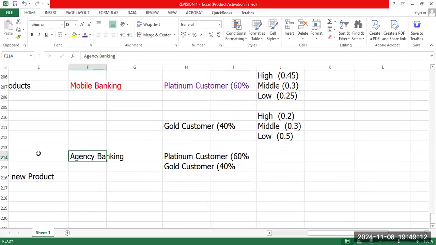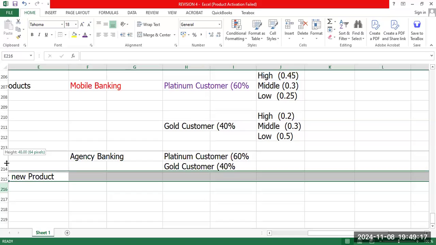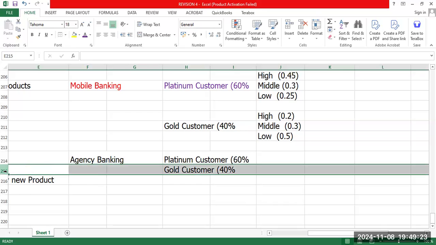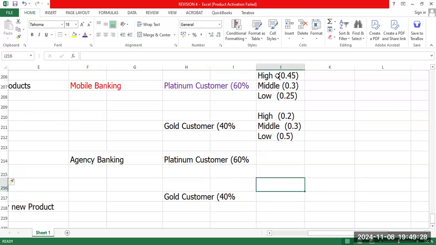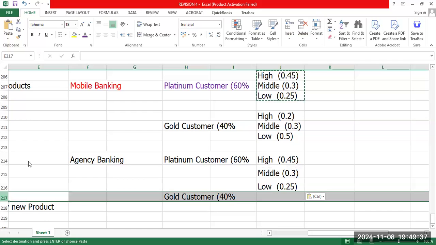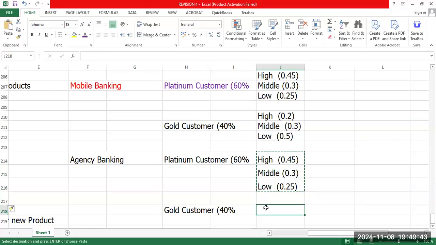Still, you will need to do the same as what we did here, just that here you will have high. The same applies here. I'm just interpreting, but the probabilities are different.